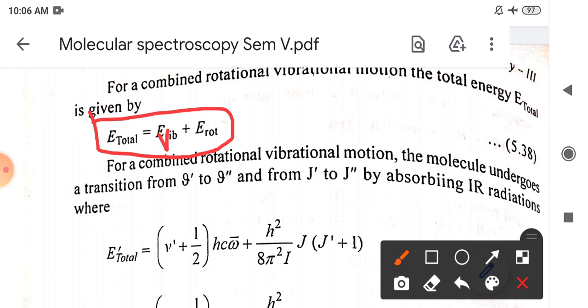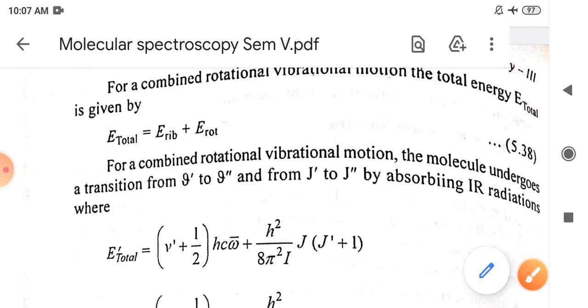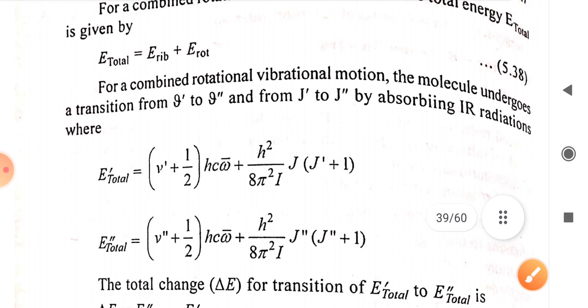Again we will consider the same type of derivation that we considered previously. We consider two energy levels differing by a certain energy, delta E, having vibrational quantum numbers V dash and V double dash, and rotational quantum numbers J dash and J double dash.